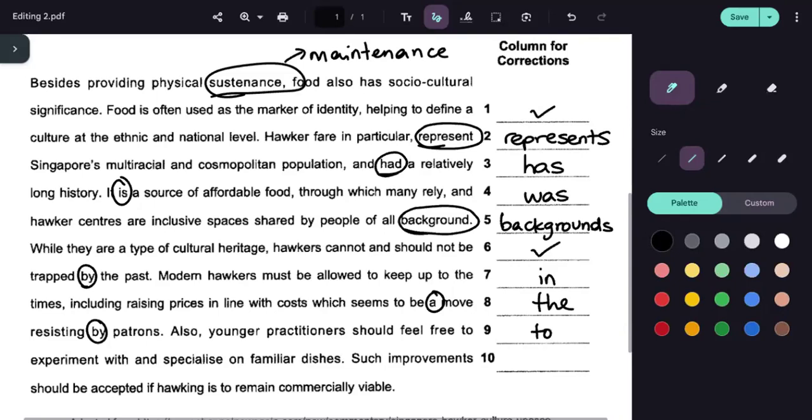Such improvements should be accepted if hawking is to remain commercially viable. Experiment with, but specialize on familiar dishes. Okay, because younger, so they need to experiment with, but also need to specialize the familiar dishes.